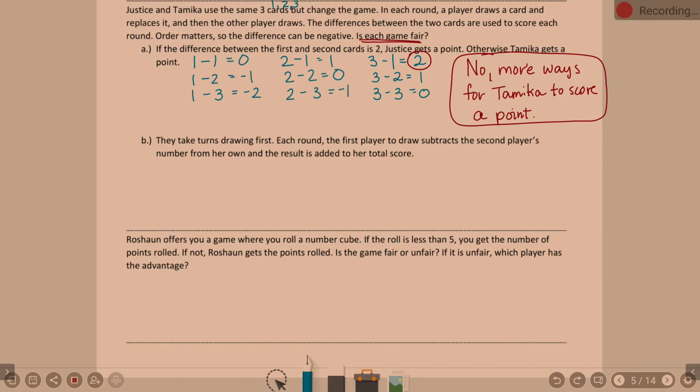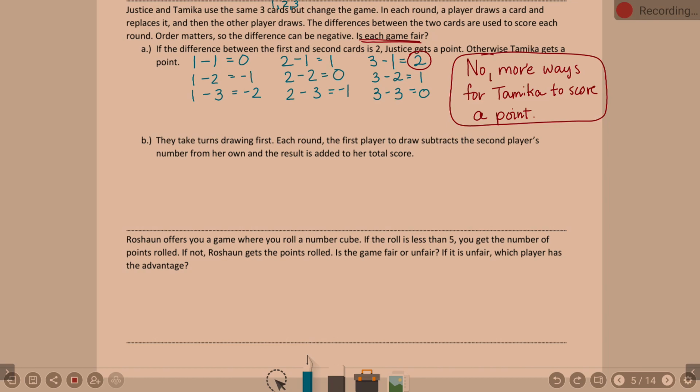Basically, they could each get each of these options here, couldn't they? Because they take turns drawing first. So basically, these are the options again, but the scoring is you get whatever you get. Everyone has the same options to draw all those cards.